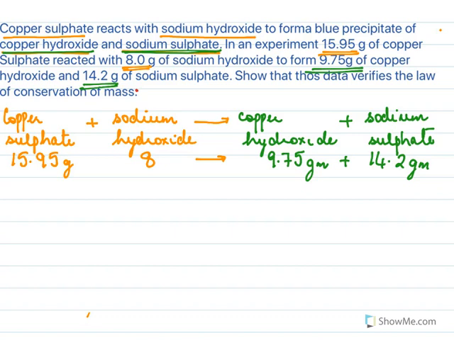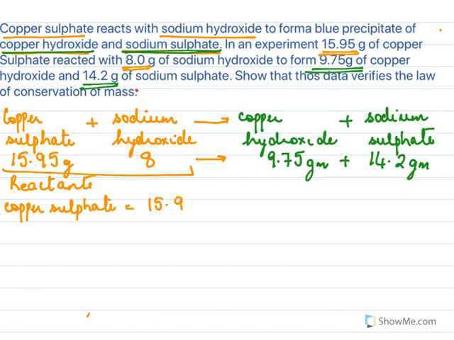Let us see the reactants. Here are the reactants. We have two reactants. One is copper sulfate, which is equal to 15.95 gram, and sodium hydroxide, which is equal to 8.00 gram.